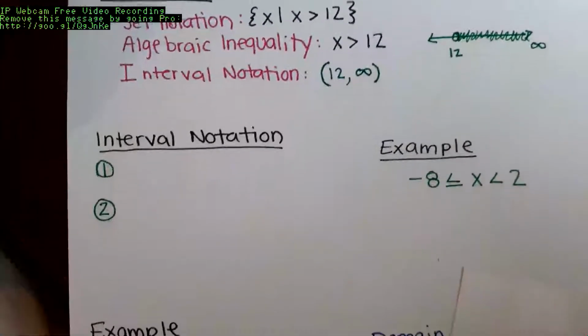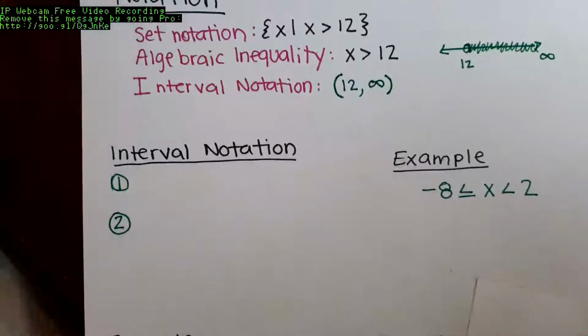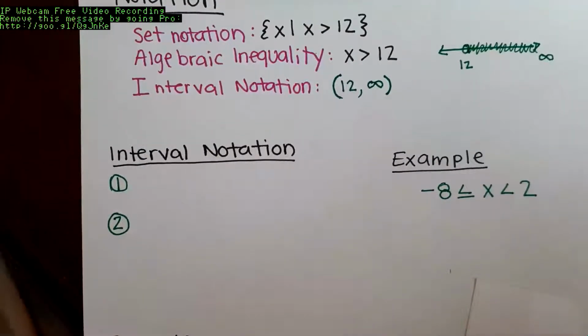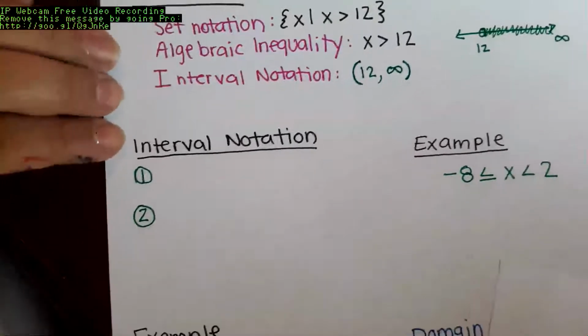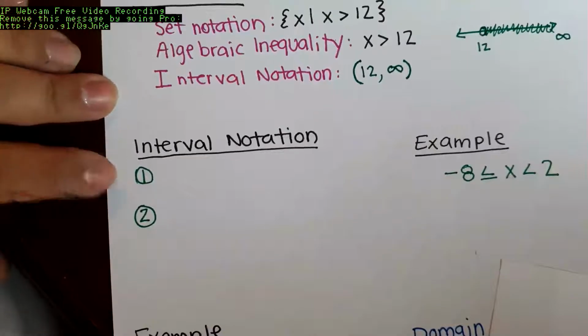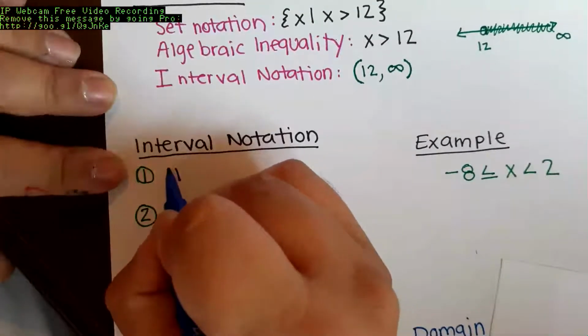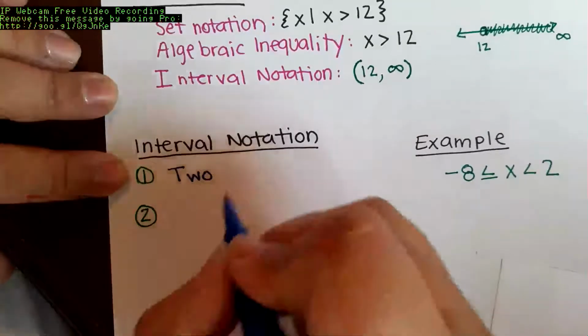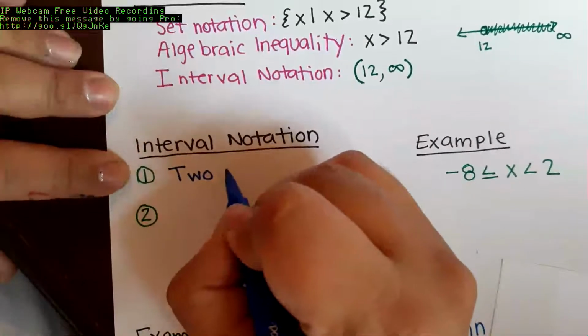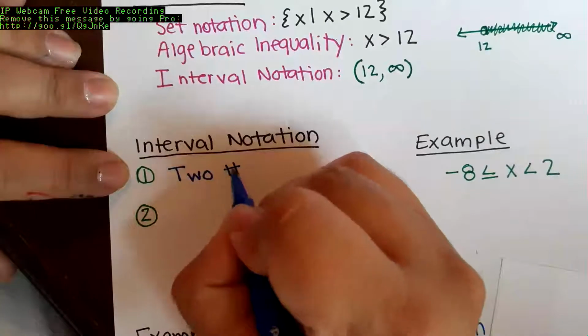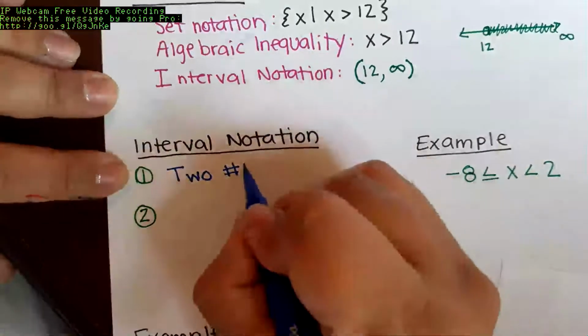So let's go ahead and talk a little bit more about interval notation and go over an example. So like I said, with interval notation, there's two things that are important to know. So here in my number one, I'm going to put two numbers, because in order to write down your interval notation, you need to know two numbers.